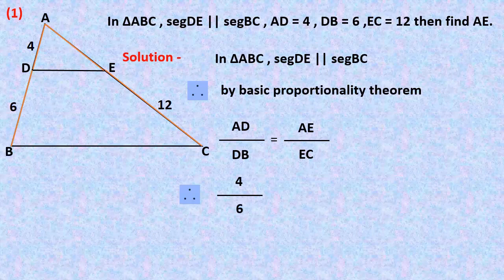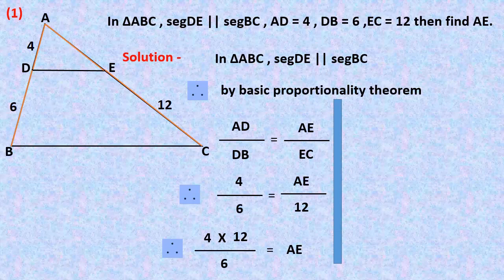That is 4 into 12 divided by 6 is equal to AE.